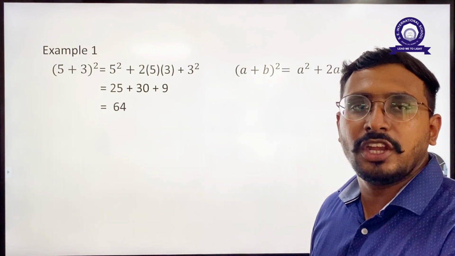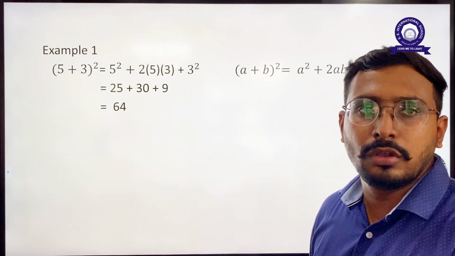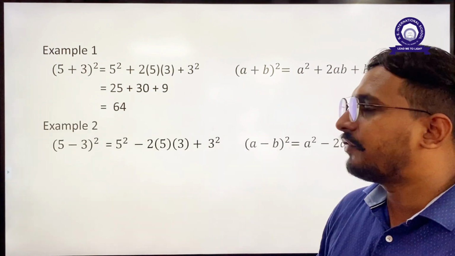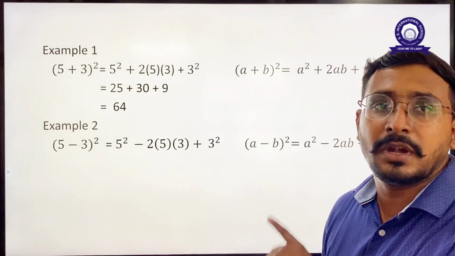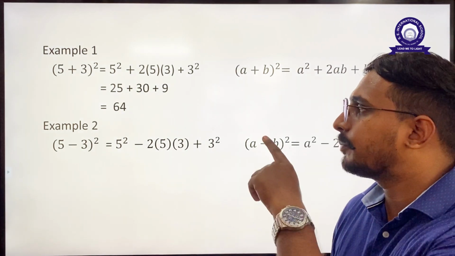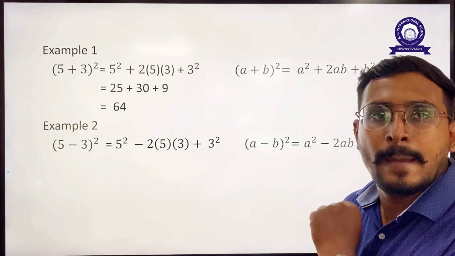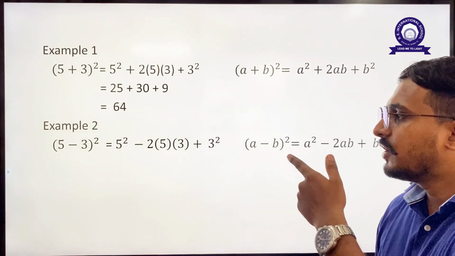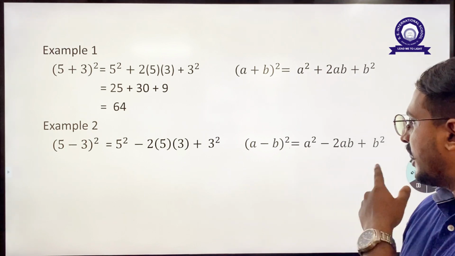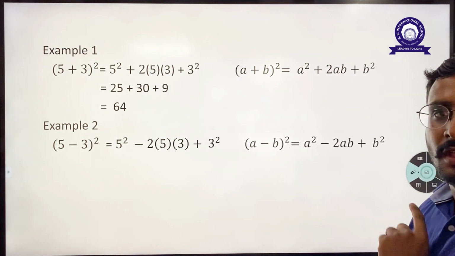Now we will move to (a minus b) the whole square. For the second example, you can see I have written 5 minus 3. The numbers are the same, but the sign is different. In example number 1 there is plus, and in example number 2 there is minus. So you can see (5 minus 3) the whole square. We know the formula is a square minus 2ab plus b square.